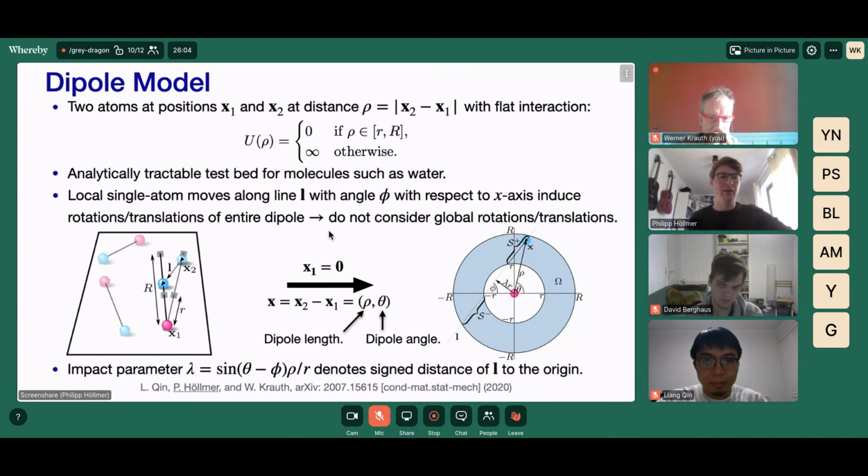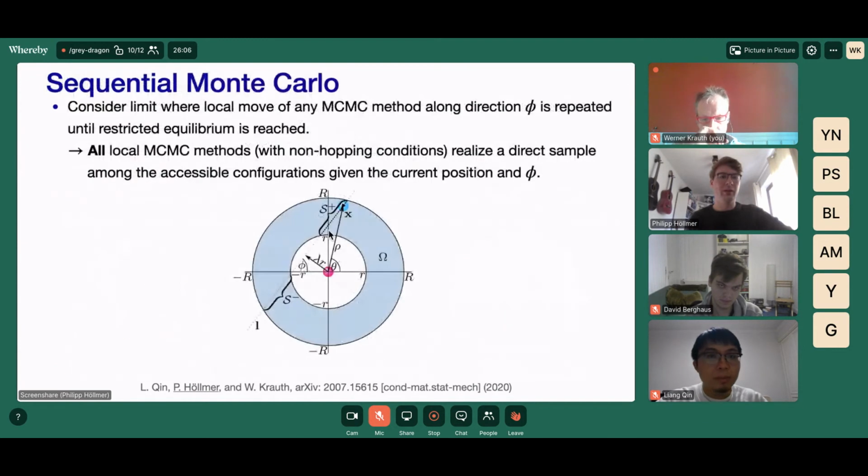So let's go now to the description of sequential Monte Carlo. Up to now, I always said that we can use any local Markov-chain Monte Carlo method for the local single move along the line L. In our paper, we studied basically a limit where all of these local Markov-chain Monte Carlo methods become similar.